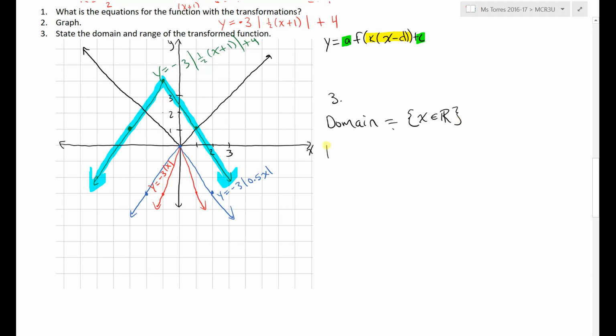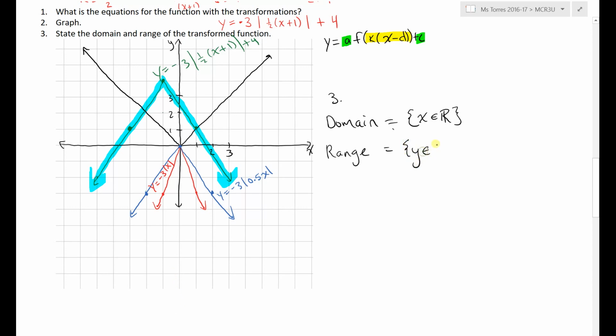And what about the y values, the range? So for the range, notice that the only values are from 4 and downwards, and the arrows mean the function continues on. So we have y values that continue down into -infinity.